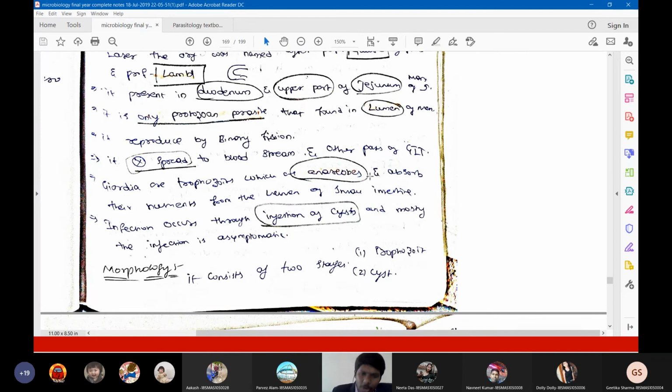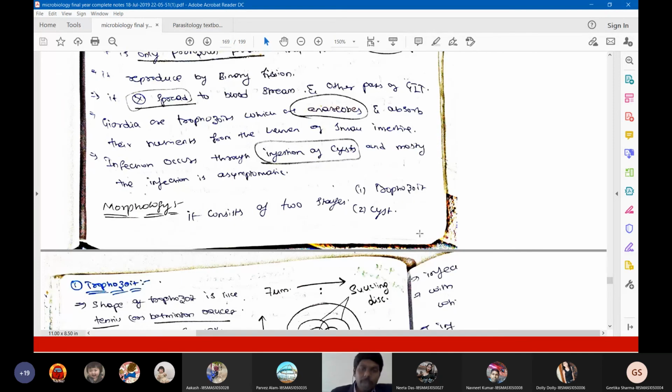Keep in mind, students, most intestinal microbes can survive in anaerobic conditions because there is less oxygen available in the intestine, and most protozoan trophozoites will be anaerobic in nature. So usually they will be facultative anaerobes. Our Giardia lamblia is a facultative anaerobe, and infection occurs due to ingestion of the cysts.